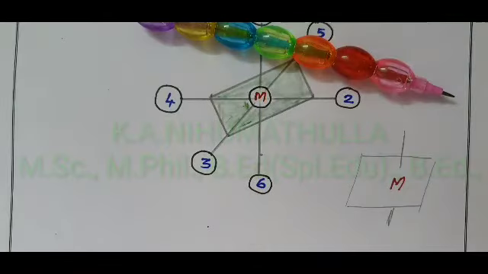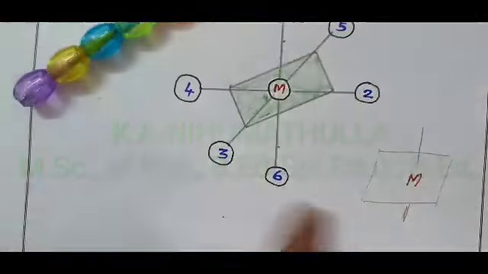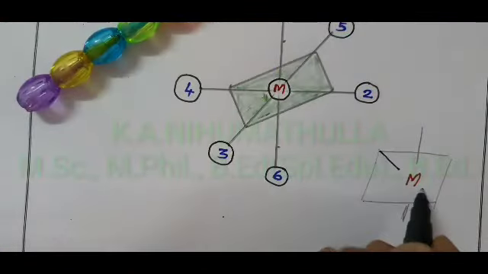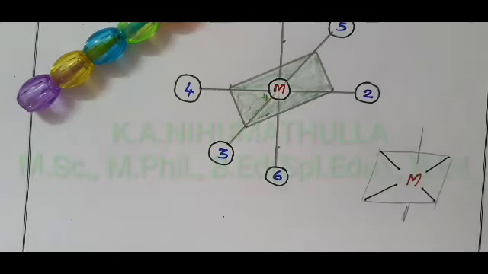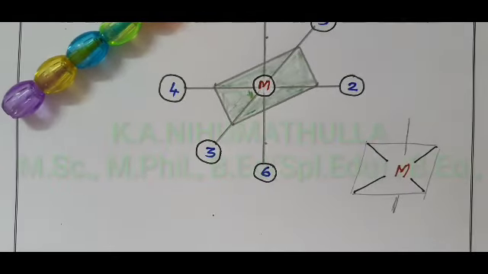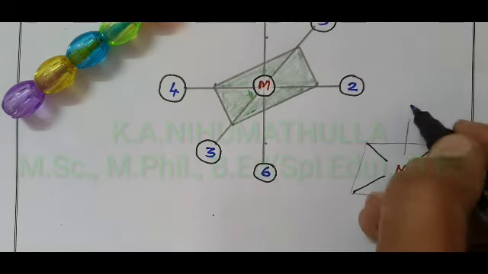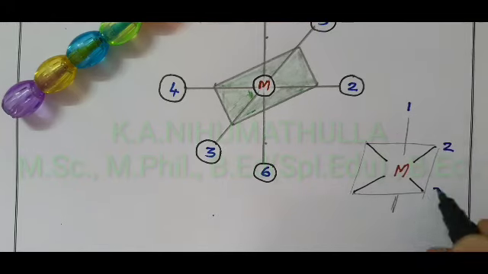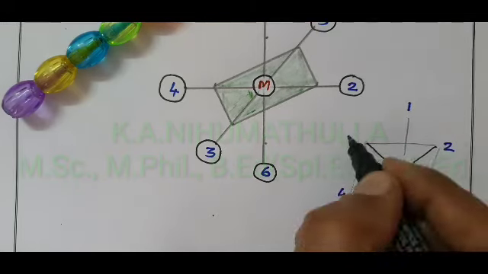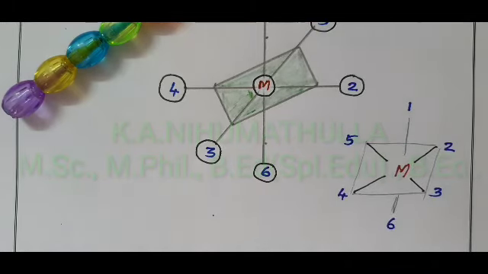Now write the position of the ligands. Before that, join all the 1, 2, 3, 4 square planar atoms. First number is given to the ligand present above the plane, then 2, 3, 4, 5, 6.